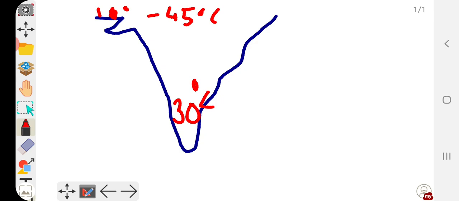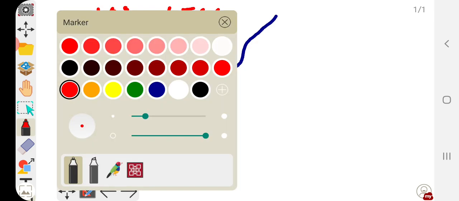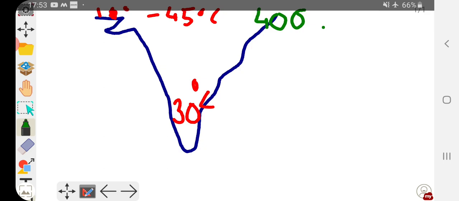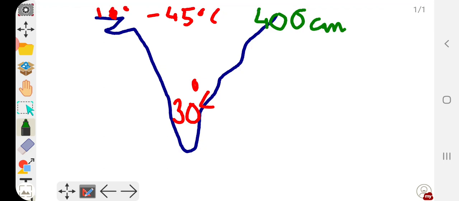This is winter season. If we take the same thing for rainfall, in the northeastern part the rainfall is 400 centimeters annually. In Rajasthan, it is 10 centimeters annually.